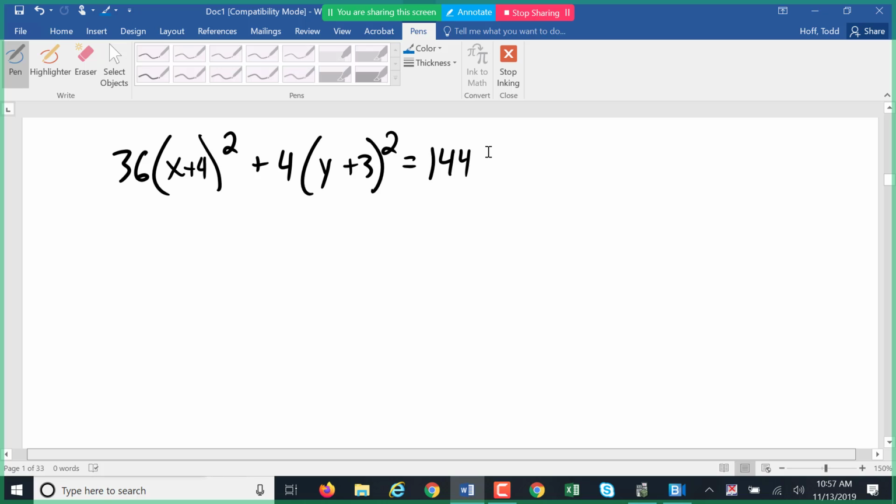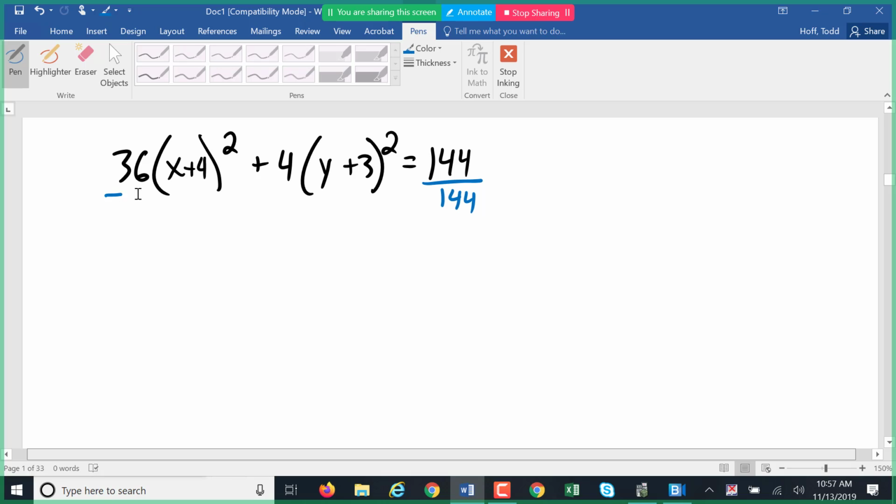A couple of things we notice, of course, is that the x squared and y squared bundles are multiplied by numbers. And also, this is not a 1 over here. That's the most important part, this over here needs to be a 1. So we're going to make that a 1 by dividing by 144.